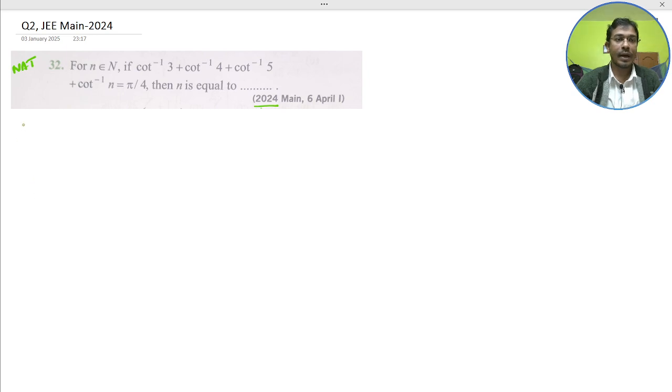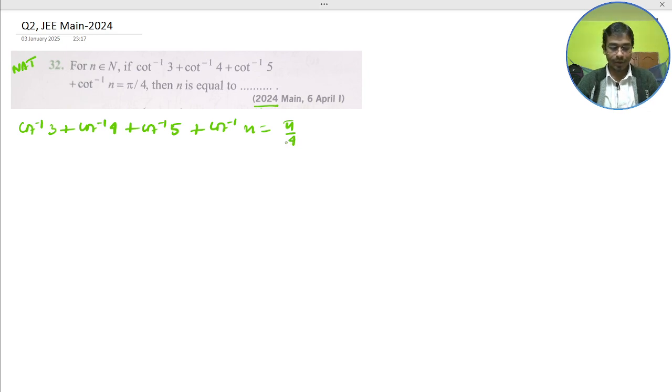So this is given, and we apply cot inverse x equal to tan inverse 1 by x.